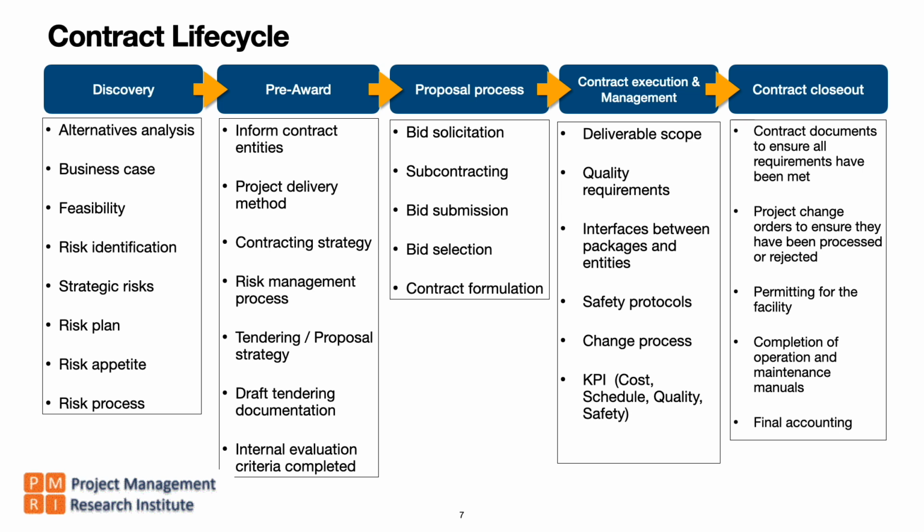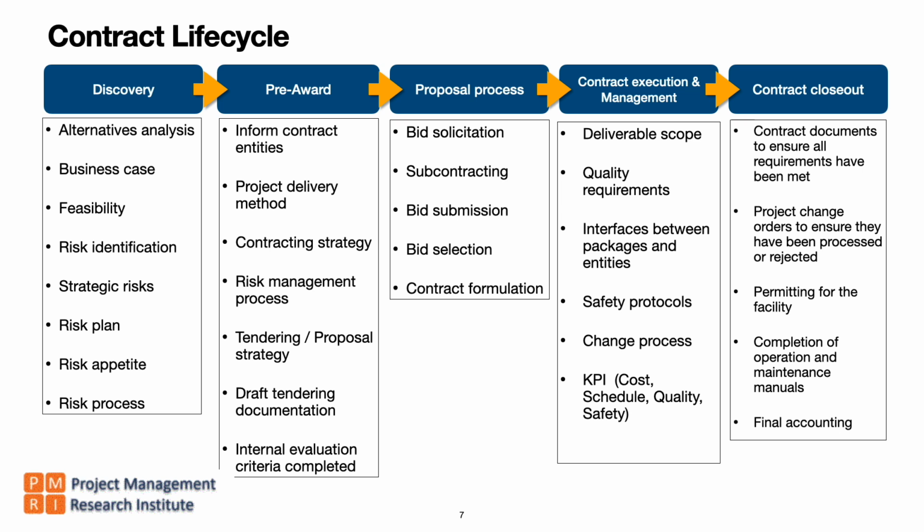Then we move on to the contract closeout phase. The contract documents to ensure all requirements have been met. So final inspection, snag list, snag closure, everything must be available, and project change orders to ensure that they have been processed or rejected.